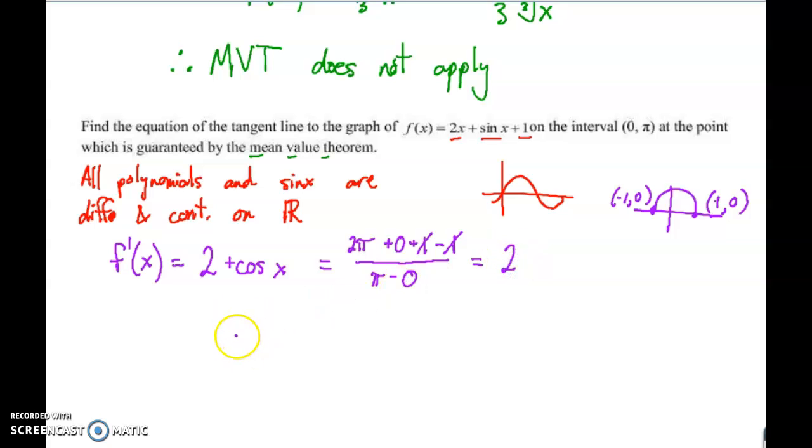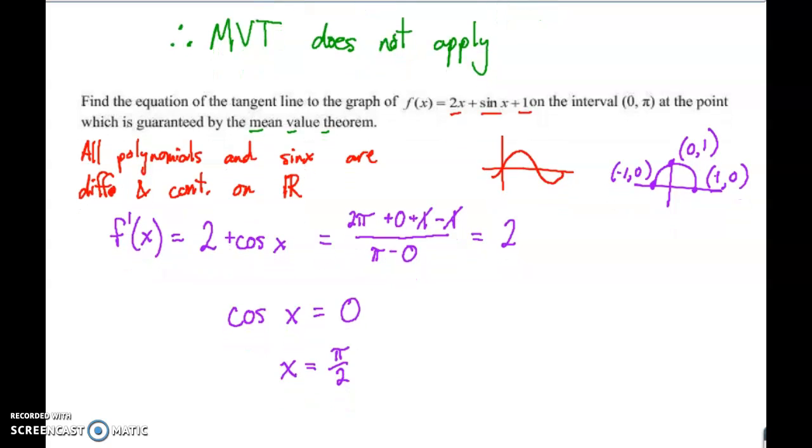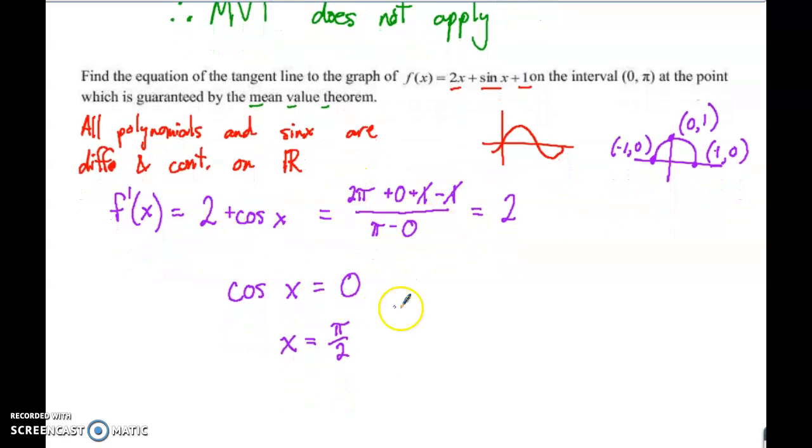So what are we talking about? We will have a point on this curve where cosine of x, well, when you subtract 2 over, will equal 0. So where does cosine equal 0? This point on the unit circle at pi over 2. And hopefully all of my work made sense there.